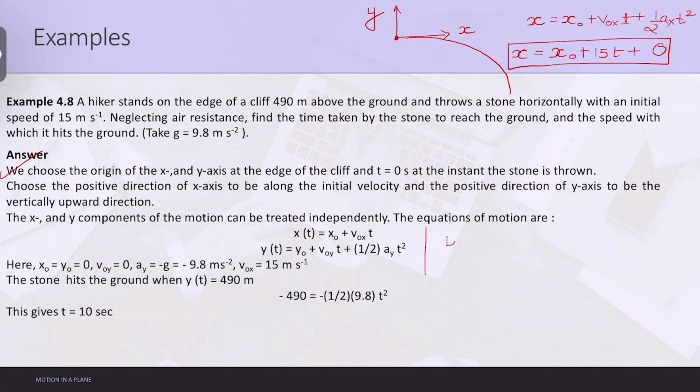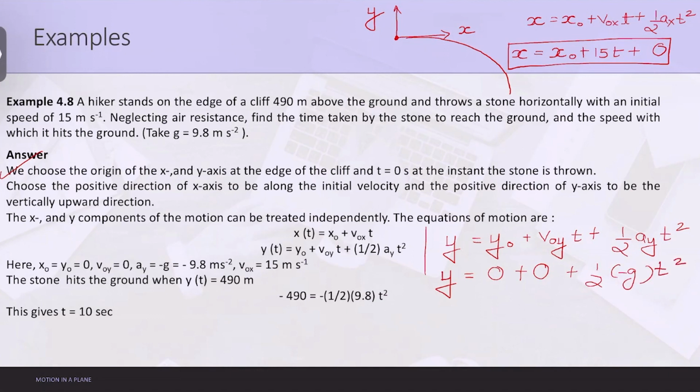Similarly, for the y term, y is equal to y naught plus v naught y t plus half a y t square. Here y is equal to 0 plus 0, because velocity in the y direction this time is 0, plus half into minus g into t square. So these are two relations obtained.